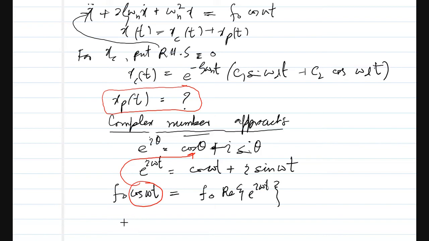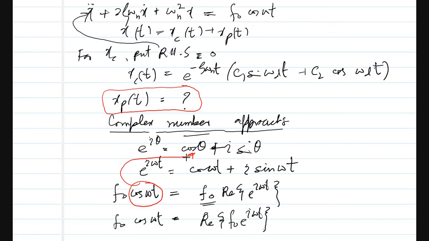Now f naught is a constant number, so if you take it within the brackets it works fine. It becomes the real part of f naught e to the power iota omega t. This is what the right hand side looks equal to. So it is the real part of f naught, which is a constant number, times e to the power iota omega t.